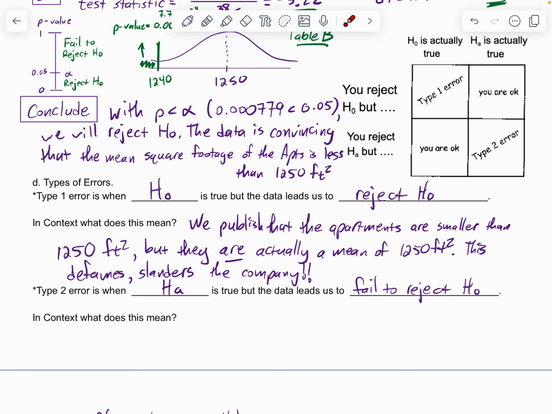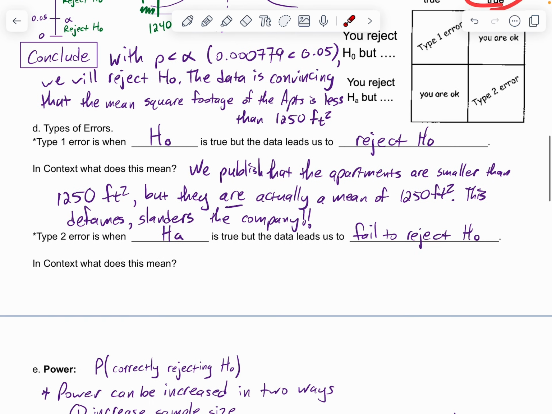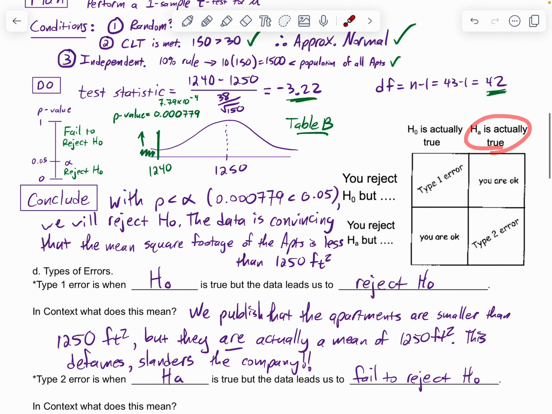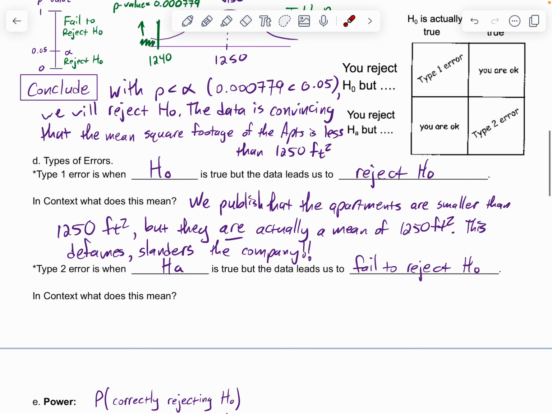In other words, we said, yeah, the data looks like the null could be true, but in reality, the alternative is true. And so, what would that mean for the apartments? This isn't what we concluded, but hypothetically, what would that look like if you made a type 2 error?